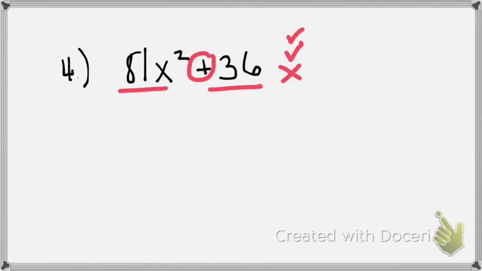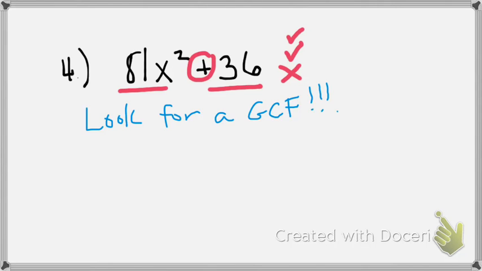However, that doesn't mean that we can't do something with it. Anytime you're given a problem, you should always look for a GCF. So even though it doesn't fit the factoring pattern we were just working on, that doesn't mean we can't take something out of this. There is a number that divides evenly into both 81 and 36, and that happens to be 9. So we can divide that out.